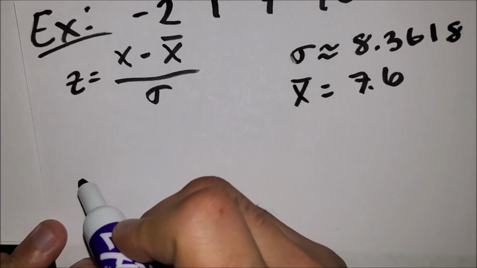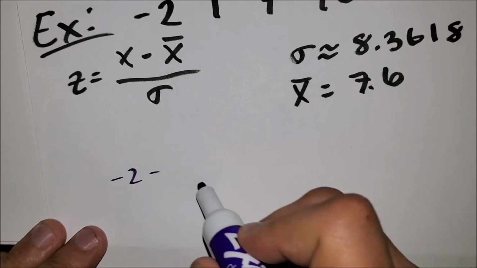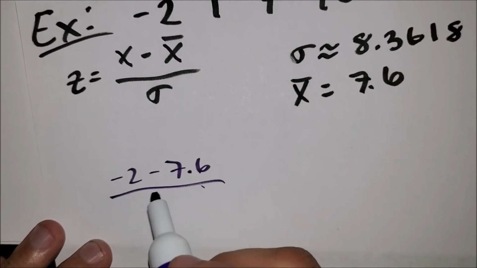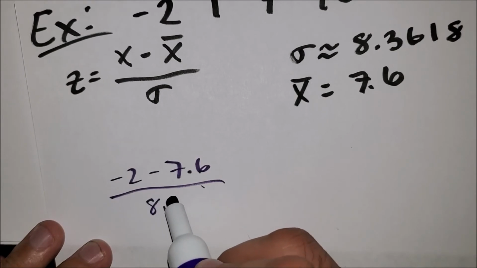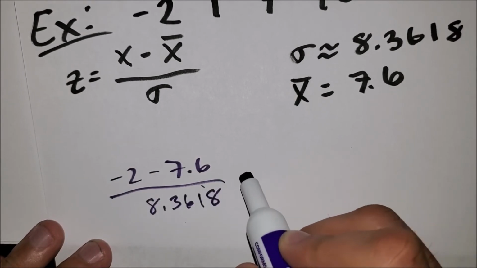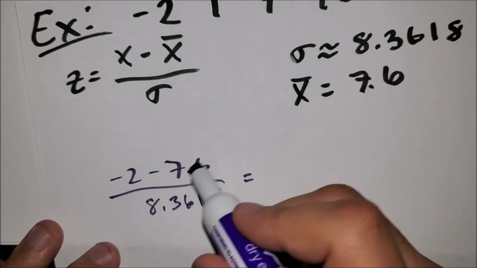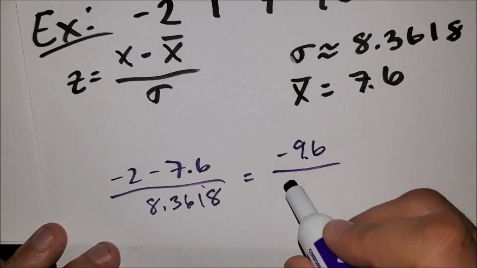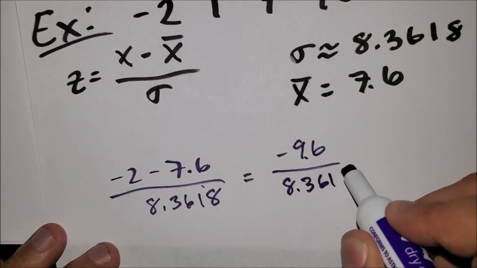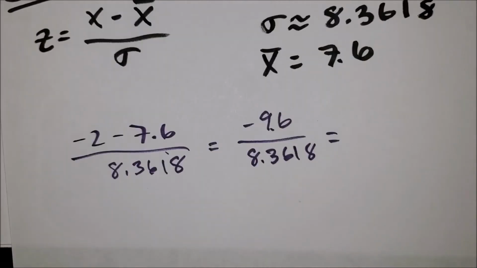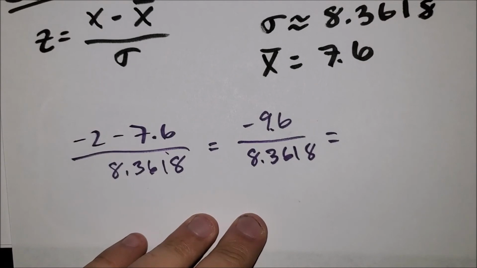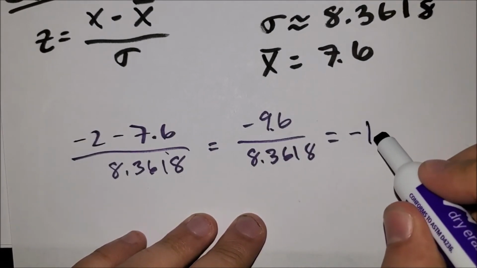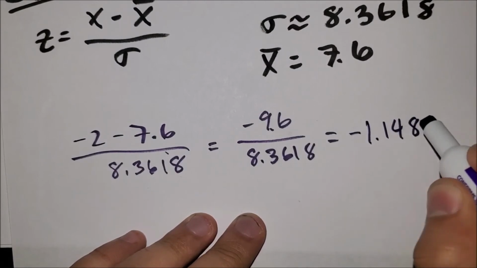So -2 minus 7.6 over 8.3618. Well, this one we've calculated before. This is -9.6 over 8.3618, and this equals -1.148.